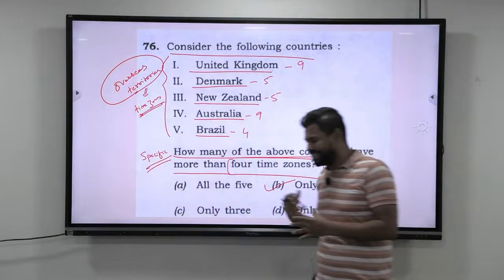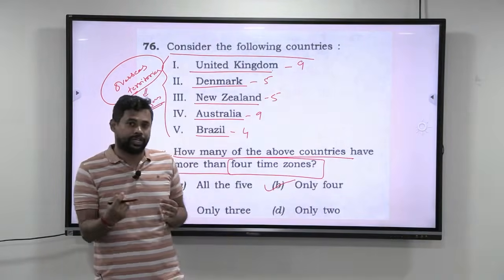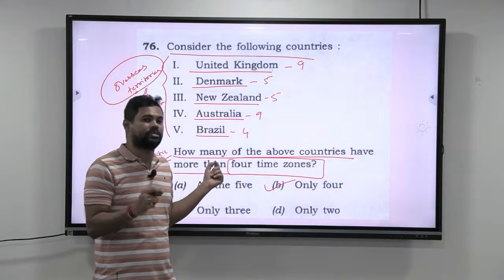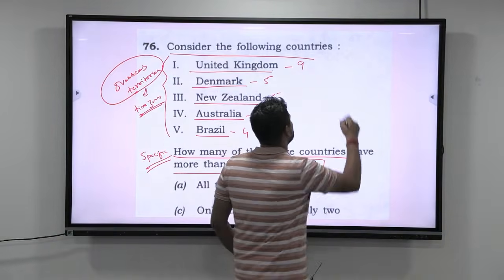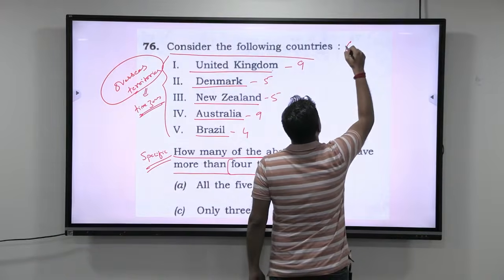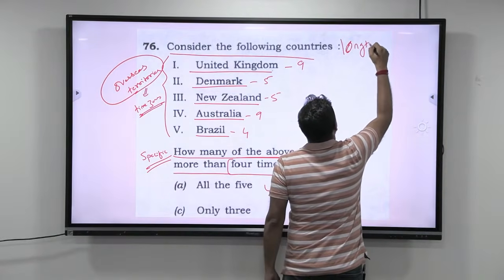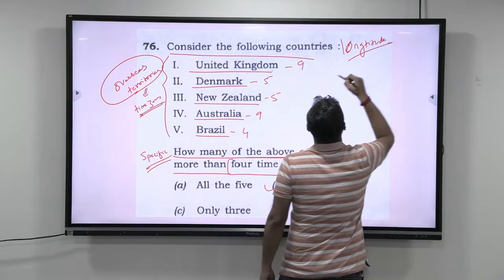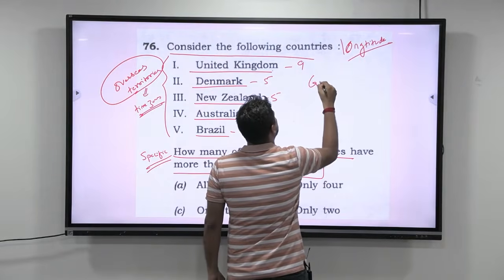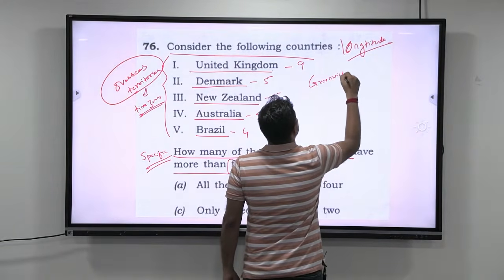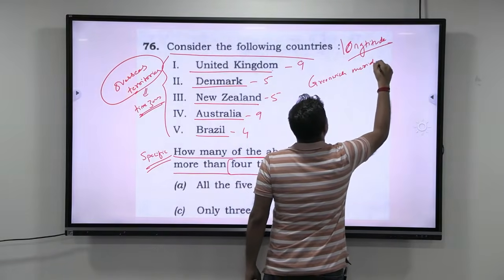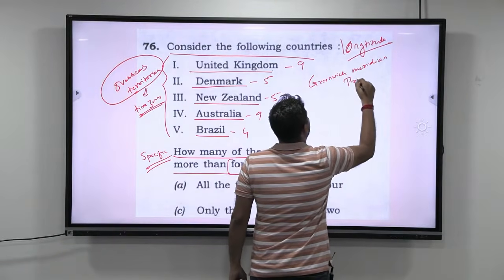But from the exam's perspective, what are the things that you have studied with respect to time zones? These are very important. If you take time zones, longitude plays a very important role. Then there is the Greenwich meridian, also called the prime meridian.